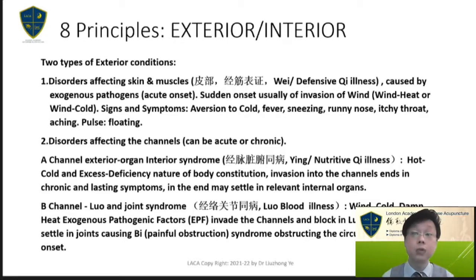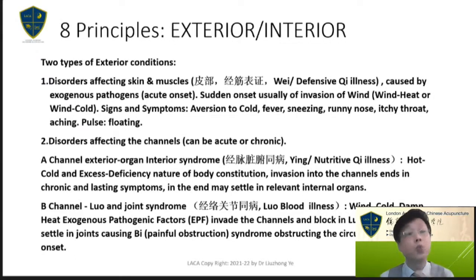If a body receives these infections and its constitution is strong, it might just stop the development at the first level, the level of skin and muscular tendinous areas, so they only have very mild symptoms.